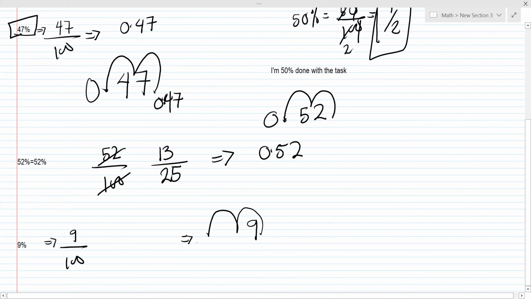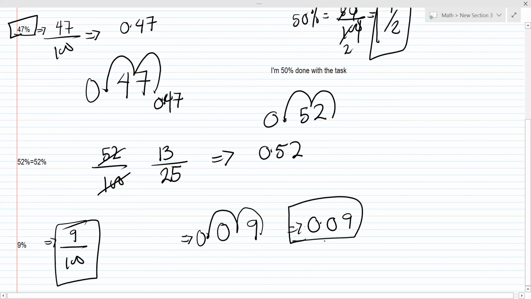We're still going to move it 2 places to the left. Now, since there's a space here, we put a 0. This becomes 0.09. So 9% can be 9 over 100 as a fraction, or 0.09 as a decimal.